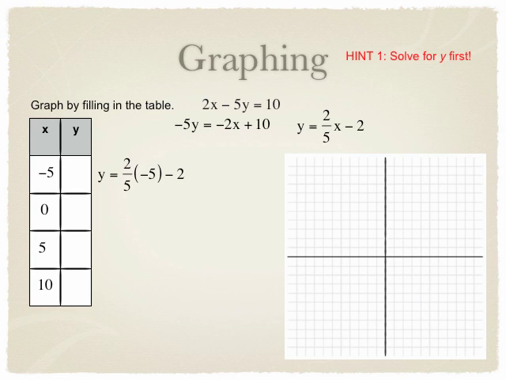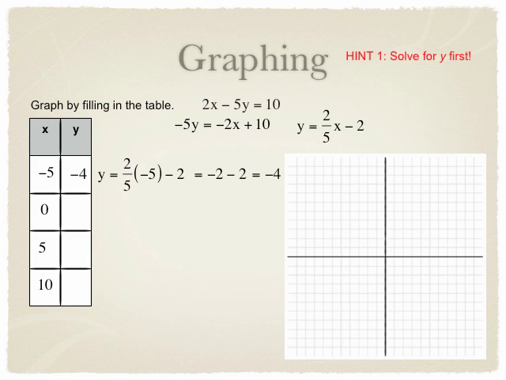So 2/5 times -5. Well, look, that 5 is going to cancel with the denominator. So I just have 2 times -1, or -2 minus 2. The -2 on the end stayed the same. The 2/5 times -5 became -2. And -2 minus 2 gives me -4, so I have -4 for y.